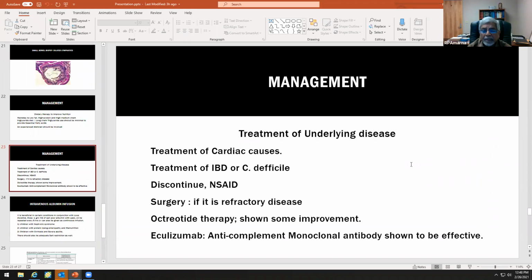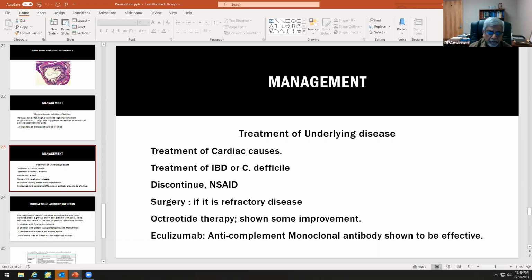Next is to make sure that you treat the underlying disease. Just improving the nutrition alone is not going to be good enough, but you do want to treat their underlying disease. If it is cardiac disease, go ahead and treat them for heart failure, so you get them going better. Unfortunately, if they have a Fontan procedure and have lymphangiectasia secondary to that, you can't really do much about it.